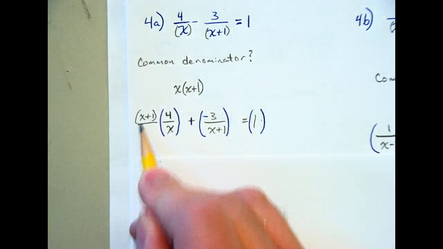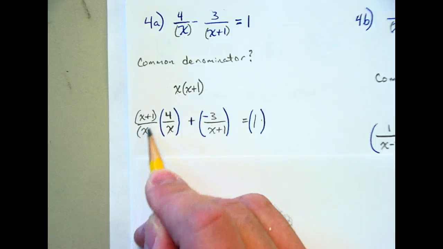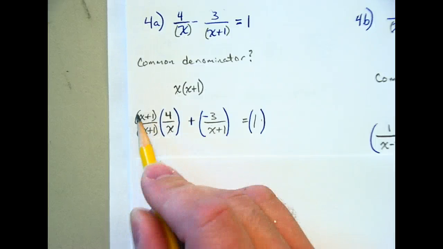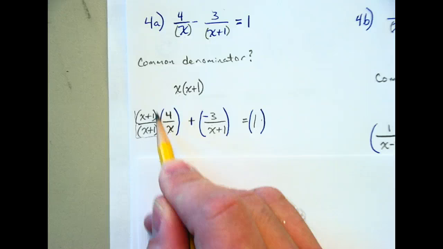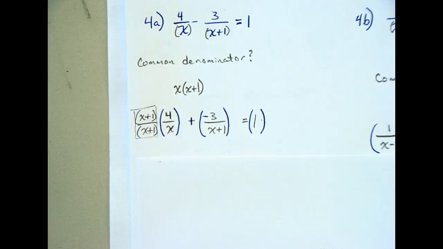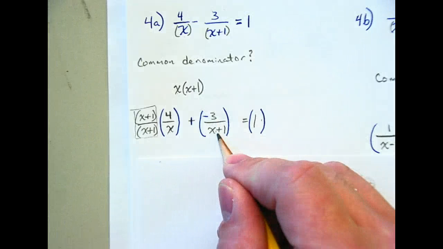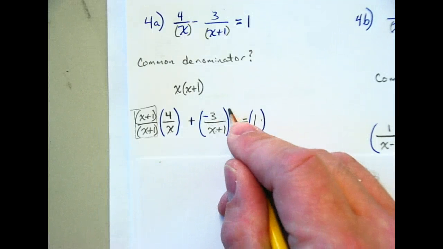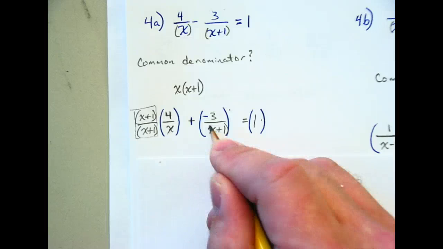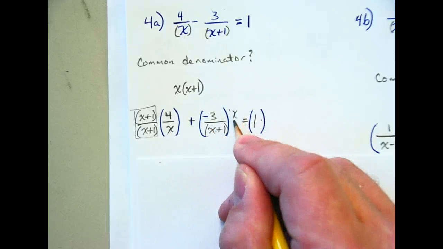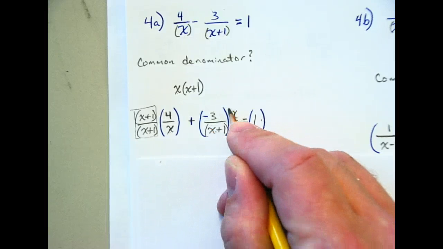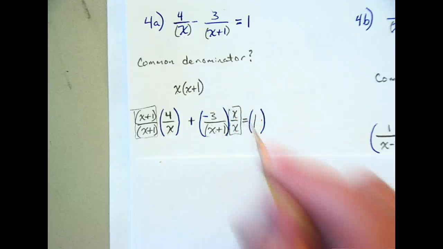Remember, that's the special number 1. x plus 1 over x plus 1 is equal to 1. So it's like multiplying it by 1, so you're not changing the value of 4 over x. Okay? And this part right here has the x plus 1, so it needs the x. Okay? Once again, that's special number 1 there.